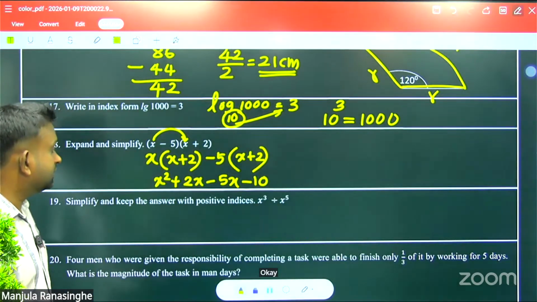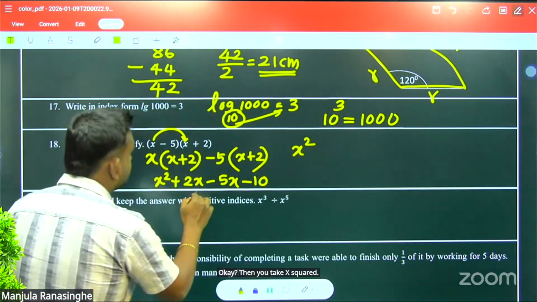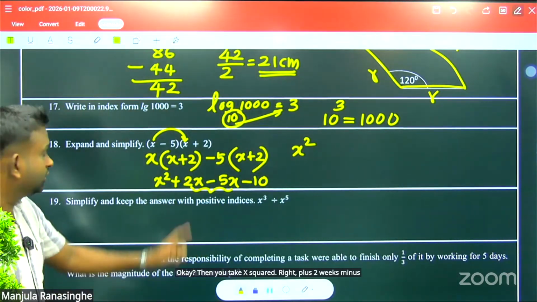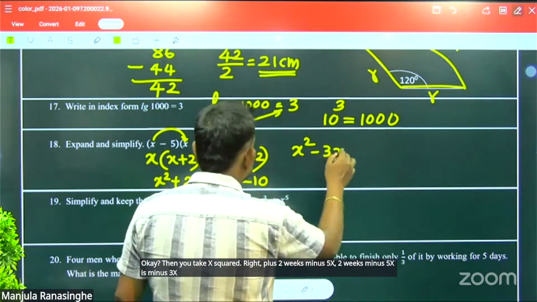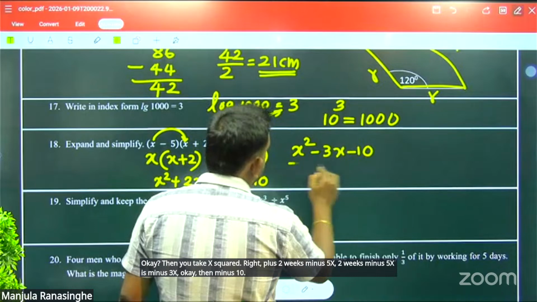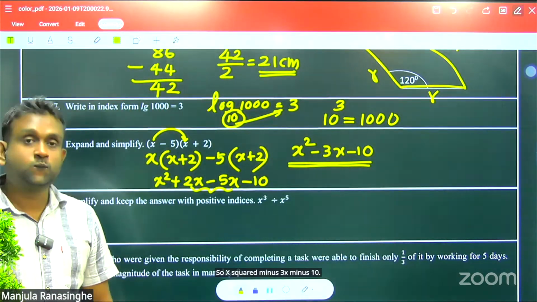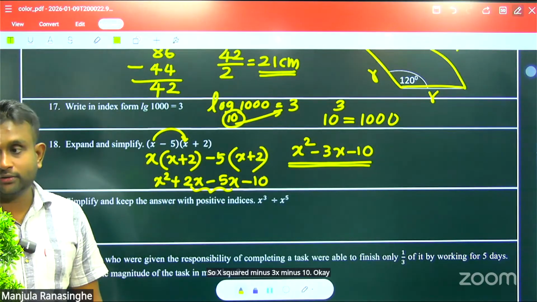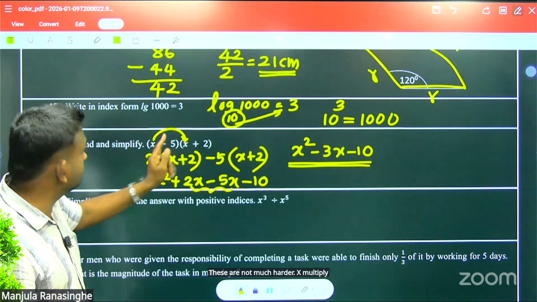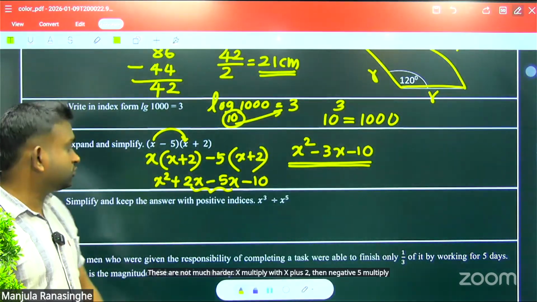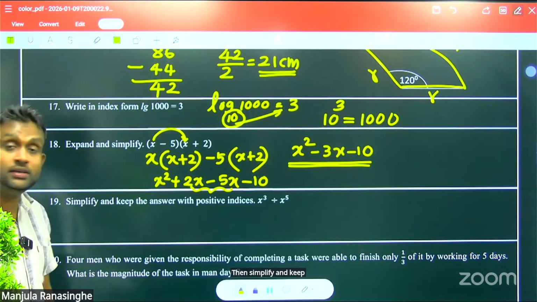Then you take x squared plus 2x minus 5x. 2x minus 5x is minus 3x. Then minus 10. So x squared minus 3x minus 10. Okay, right. These are not very hard. Then simplify and keep the answer with positive indices.